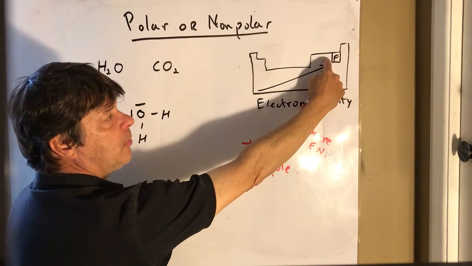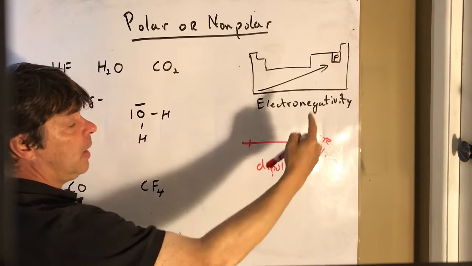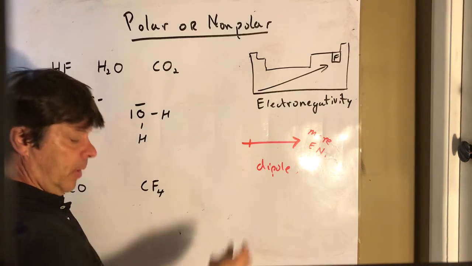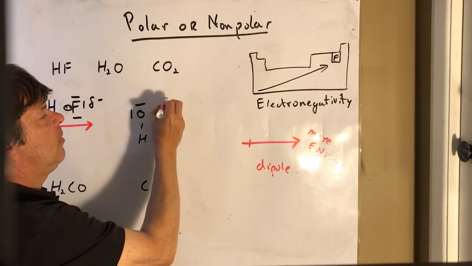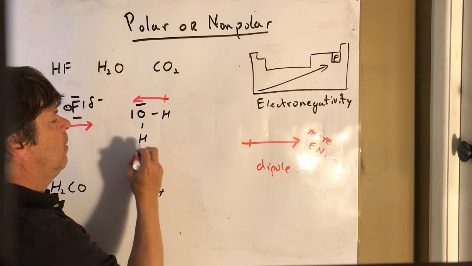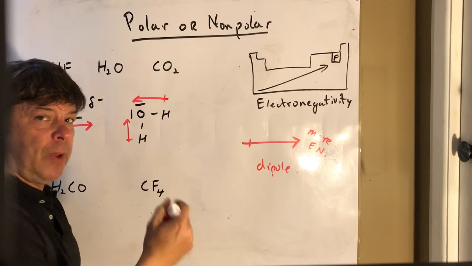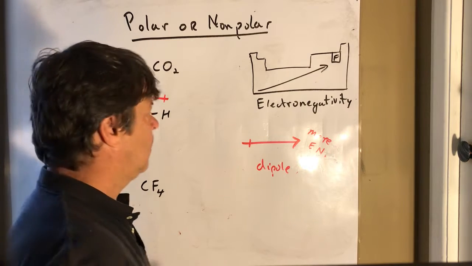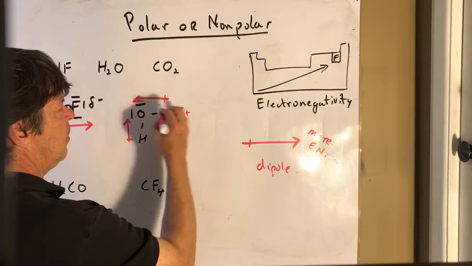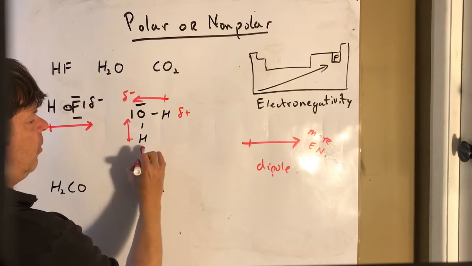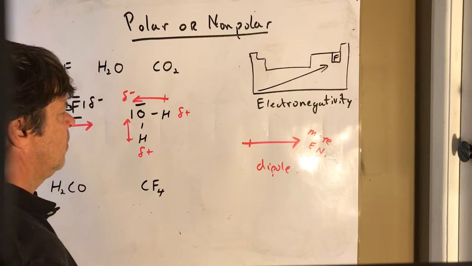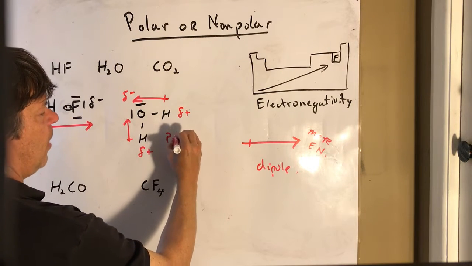Oxygen's right next to fluorine. So it's pretty electronegative. And hydrogen's way over here. So we would draw the dipole toward the oxygen. We draw a dipole for each bond. This is partially positive. That's partially negative. Partially positive. So this molecule is absolutely polar.